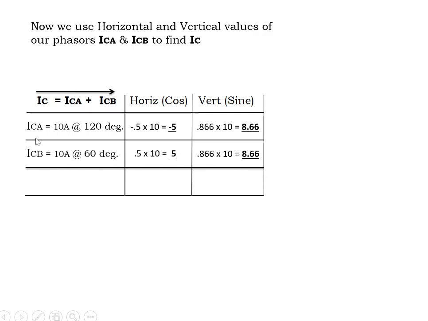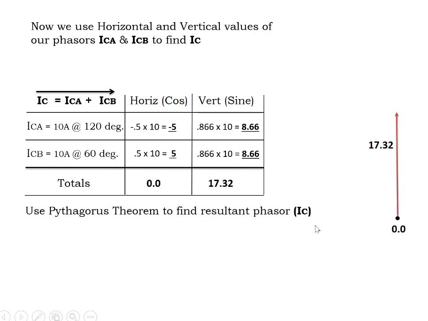If I take phase current C to A and break it into its horizontal and vertical part, take phase current C to B, break it into its horizontal and vertical part, the totals again that I get will give me a triangle which has actually a horizontal of a total of 0 and the vertical of a total of 17.32. So this really isn't a triangle. It's really straight, just a vertical line.